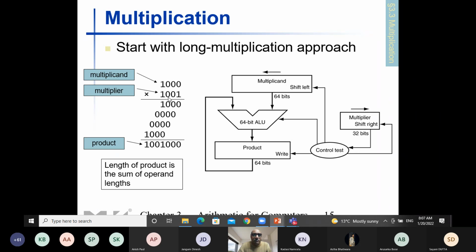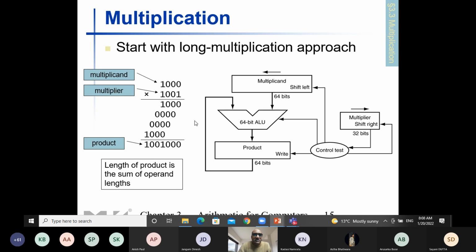Then again it's a 0, so you get again a sequence of zeros. Again you shift it by one more, and then the 1, so we get 1000. Then again shift it by 1, and these are the intermediate products. If you sum up all of them, you will get the desired product.